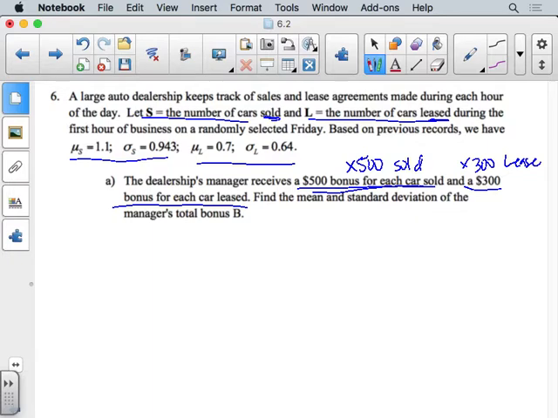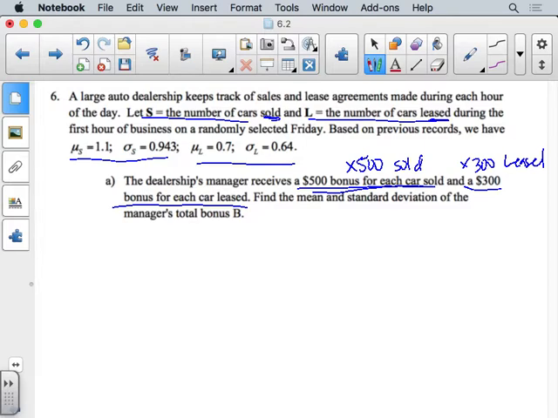Wouldn't it be added? Seems like it's a bonus. Yeah, but for each one. Oh, it's not like for the day. If it said $500 for the day for selling a car, but I don't know how many cars I get sold or leased or whatever.